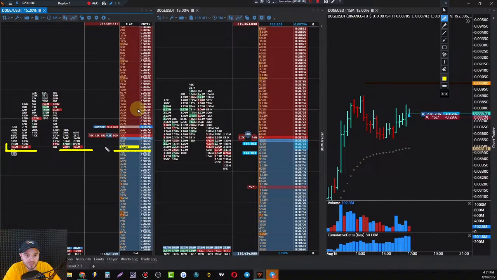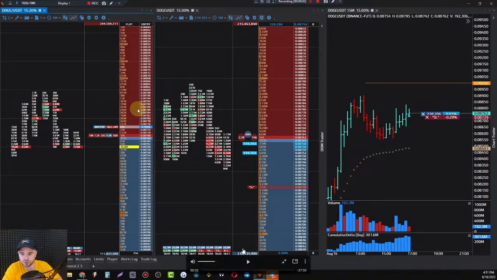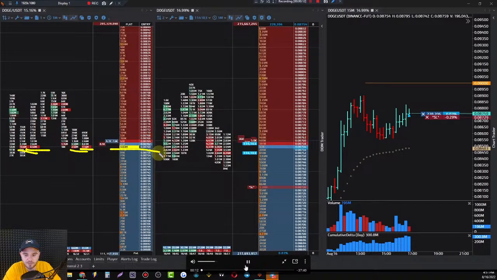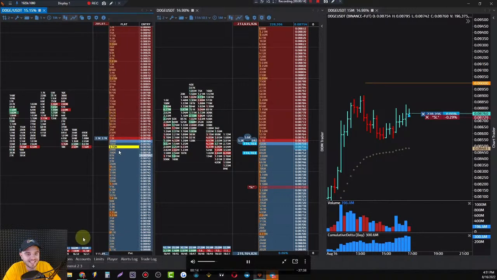But from another side, someone was absorbing this huge size. When we analyzed this, I saw that when price reached this area, price bounced from this significant size several times.